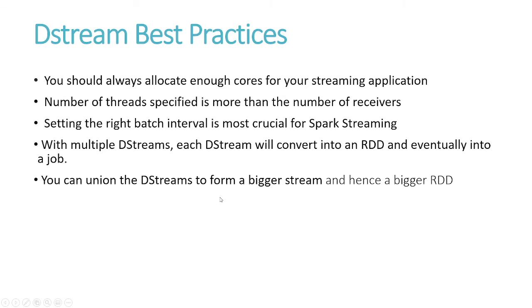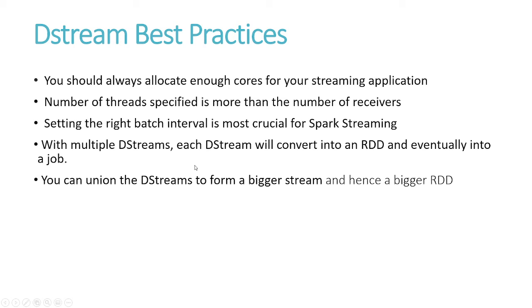In an interview perspective, this question may be asked in this way. If you are getting Kafka streaming data and the size of the data is low, how would you handle this?